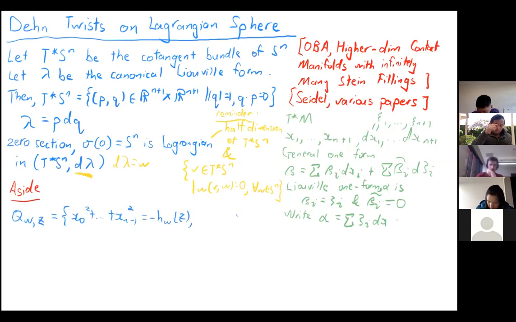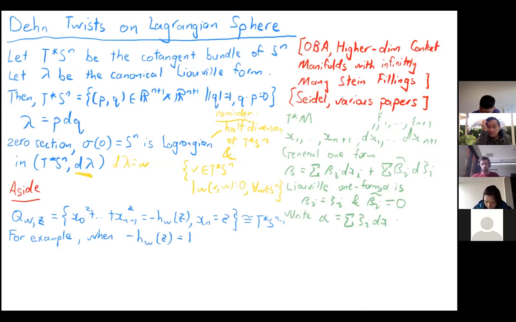If you remember from last time, we said that this is symplectically isomorphic to a cotangent bundle. Today I can show you, for example, how the isomorphism works. So let's say we look at when z equal to 1. Okay, so we look at this particular fiber here.